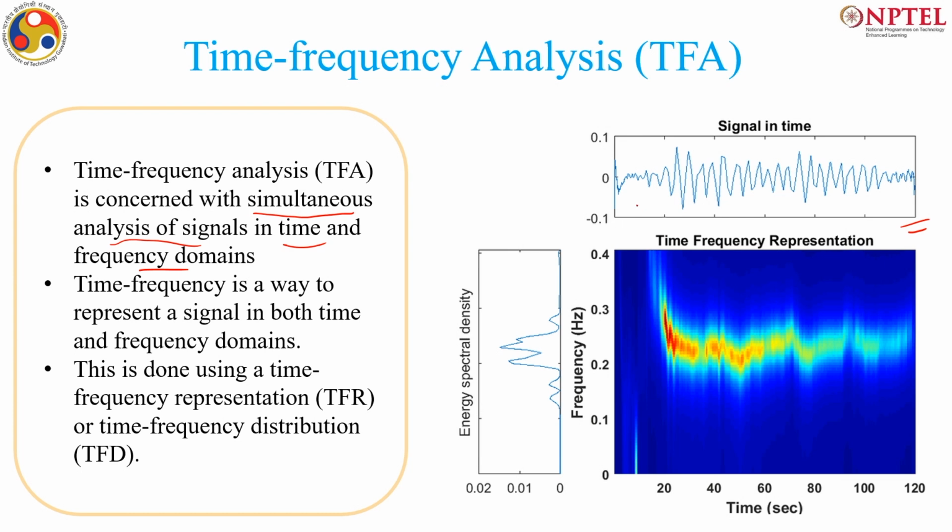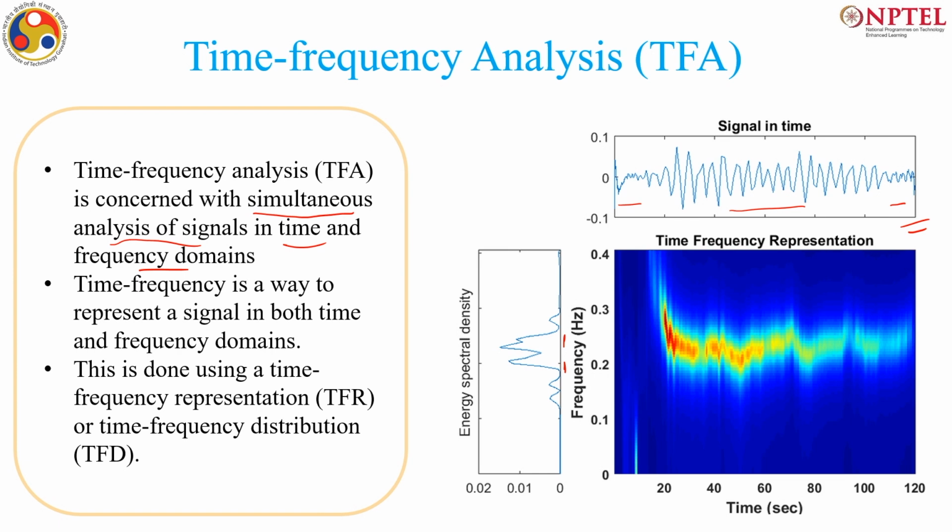But I can say that okay, in the early stages the signal has a very slow change with some kind of noise, and in the middle stage there are a lot of fluctuations, that I can say in time, but what frequencies are there I do not know. Whereas, in the frequency domain, by seeing the energy spectral density, we know that these are the dominant frequencies, but where these dominant frequencies are occurring we do not know.